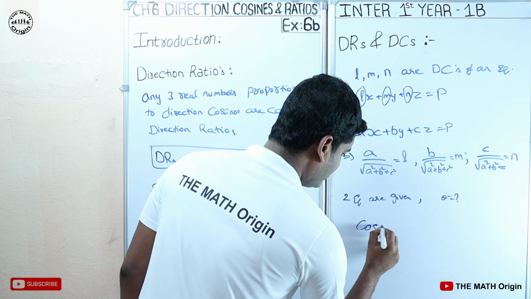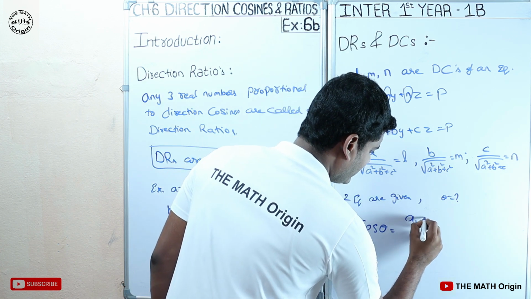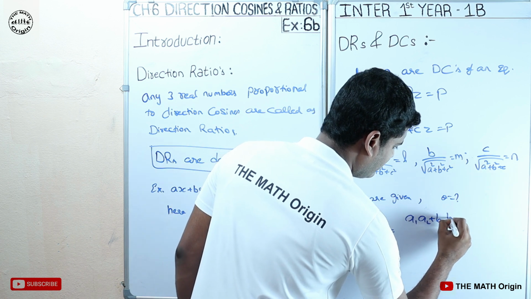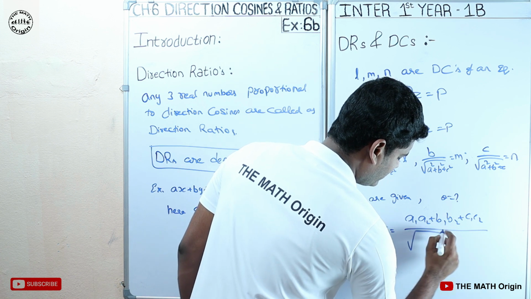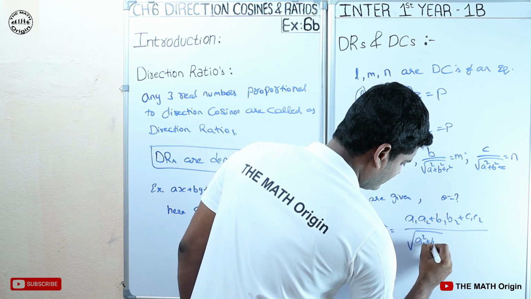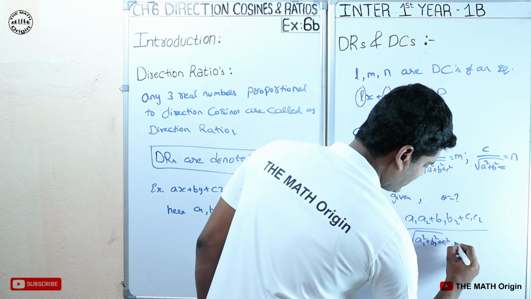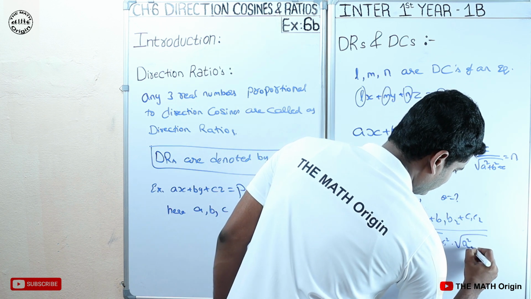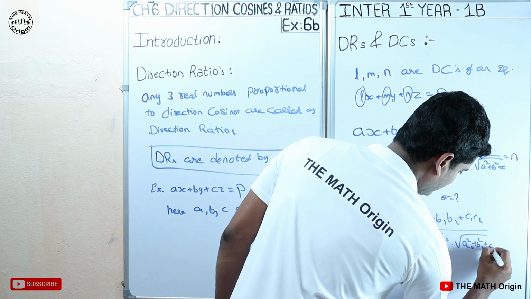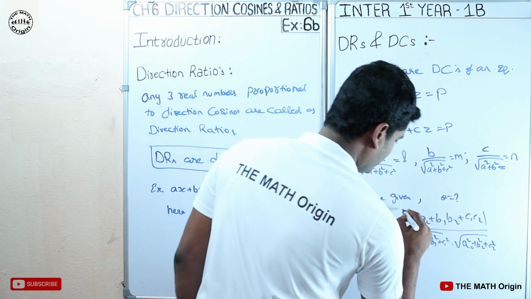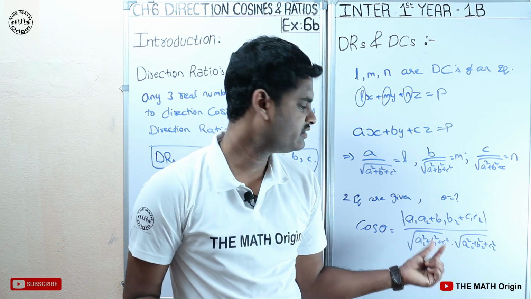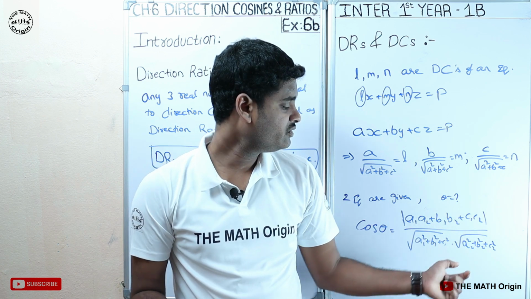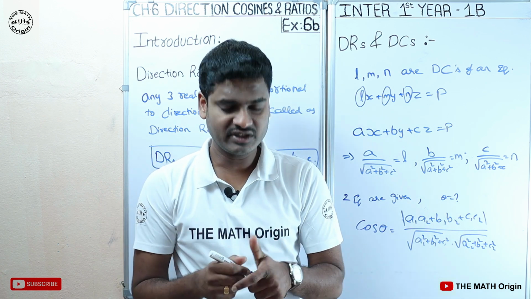We have a general formula: cos theta equals the modulus of a1 a2 plus b1 b2 plus c1 c2 by root of a1 square plus b1 square plus c1 square into root of a2 square plus b2 square plus c2 square. This is a basic formula, and from this theta equals cos inverse of this value.